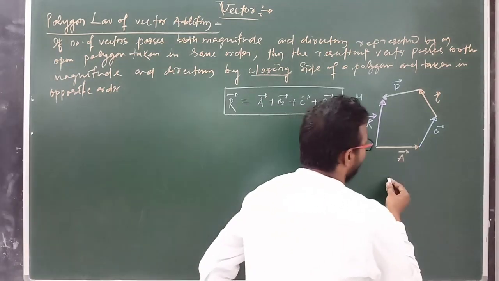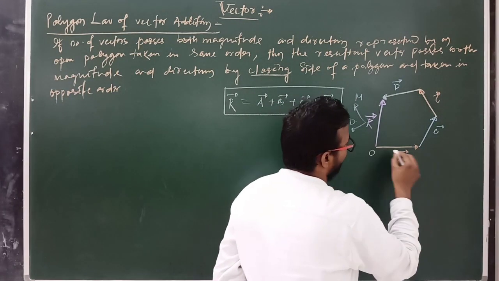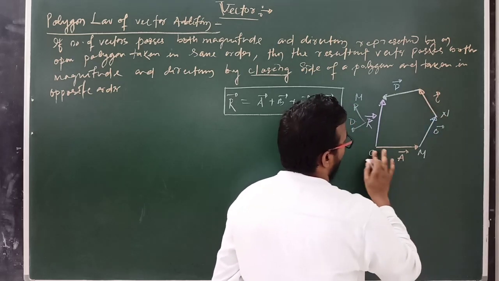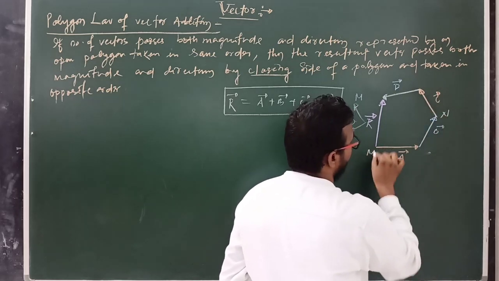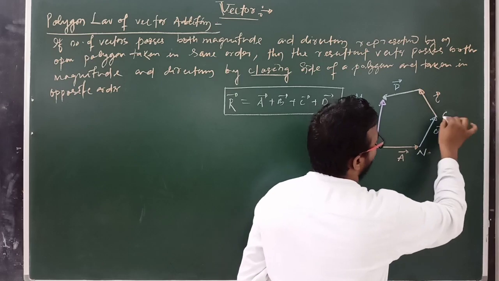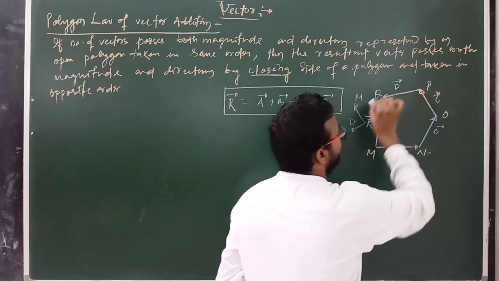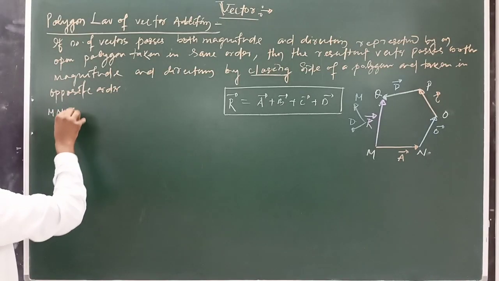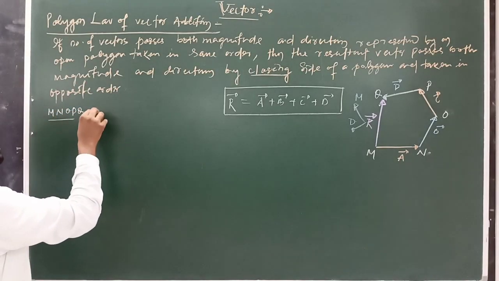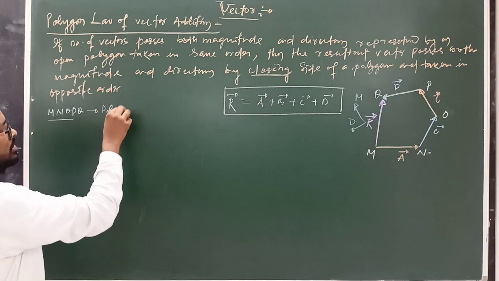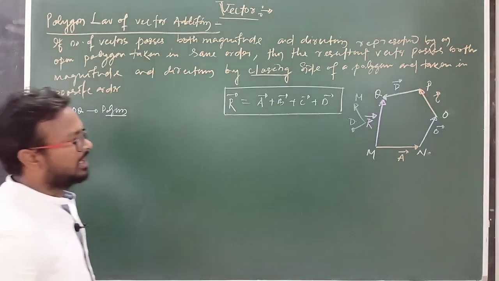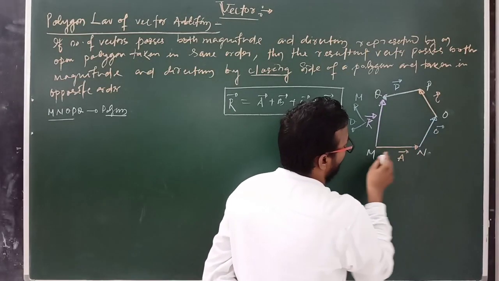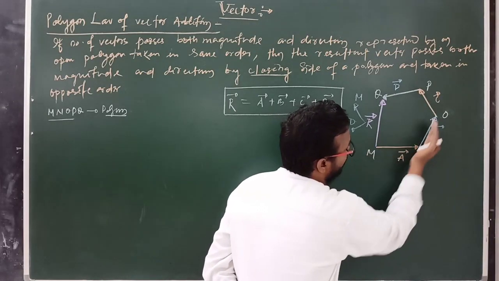Now look at this diagram. Suppose this point is O, and I am writing here M, N, O, P, Q. Clear? So here M, N, O, P, Q is a polygon, and MN, NO represent the same order.